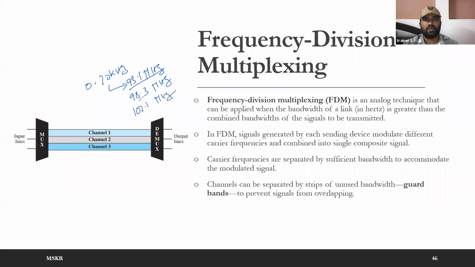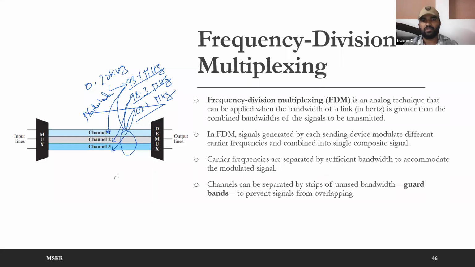By moving them to higher frequencies using a technique called modulation, you separate the medium into three channels. Channel 1 will be 93.5, channel 2 will be 98.3, and channel 3 will be 102.1 megahertz.